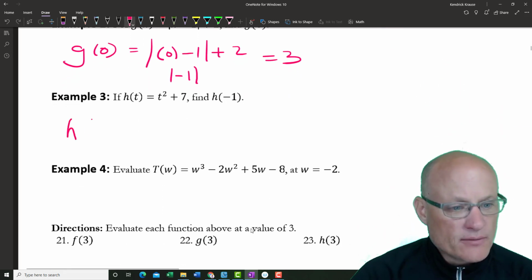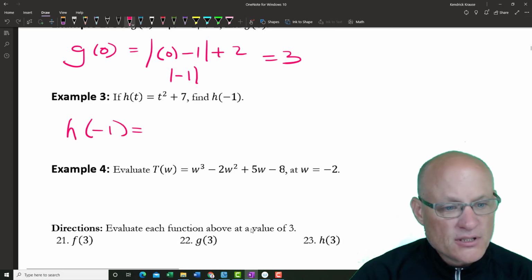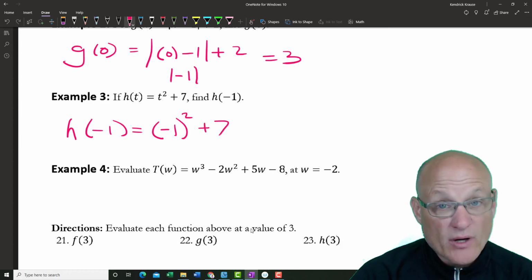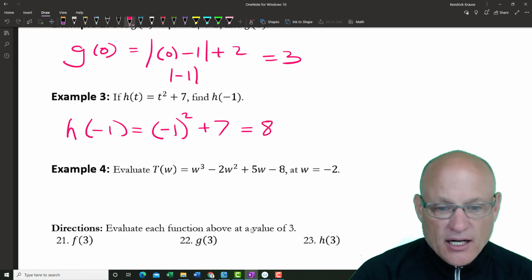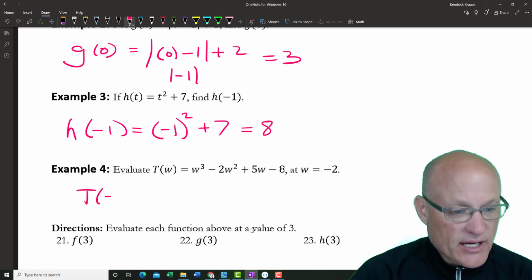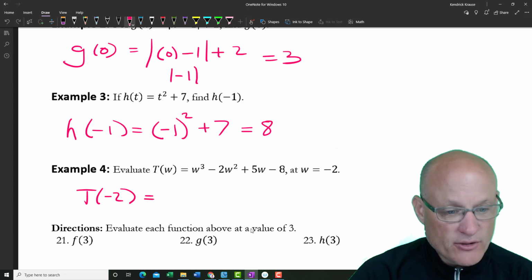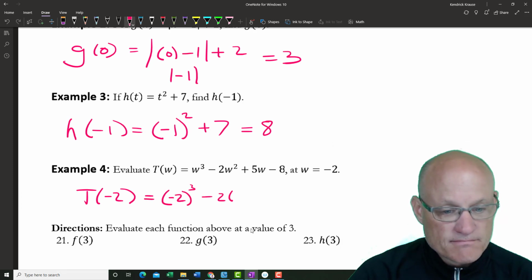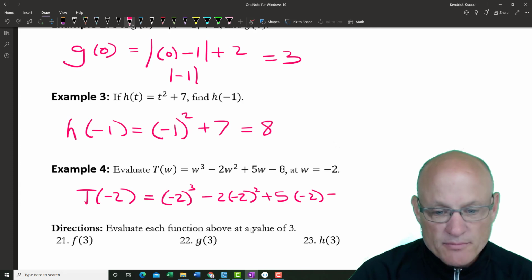h of negative 1 is negative 1 squared plus 7. Negative 1 squared is positive 1, plus 7 is 8. This one we're going to do t of negative 2. You might want to use your calculator for this one. We won't.